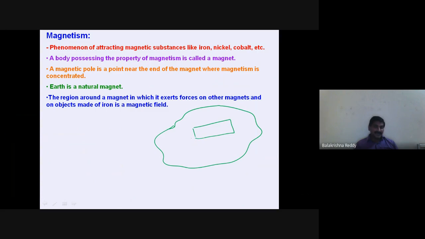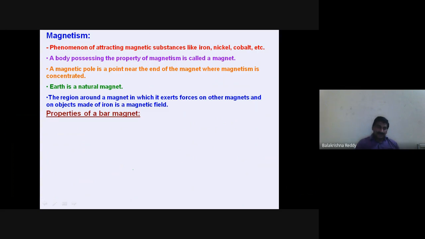But beyond this region, it may not exert its force. Why is it so? The strength of this magnet is spread over this region only, not beyond this. So this is called the magnetic field. The region around the magnet which is experienced by that magnet is called the magnetic field of that particular magnet.